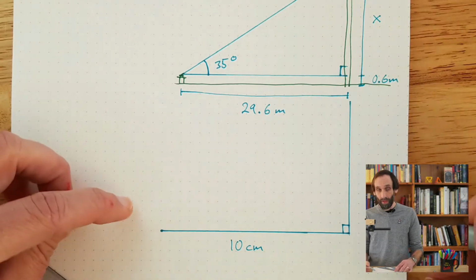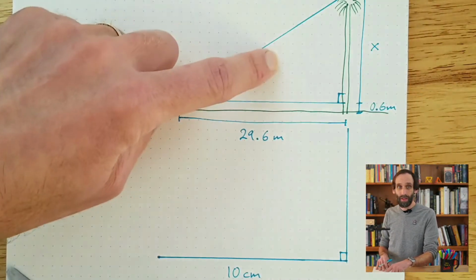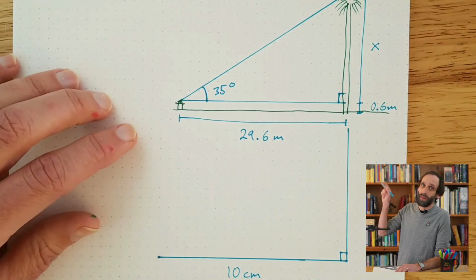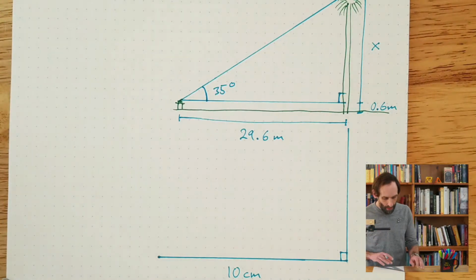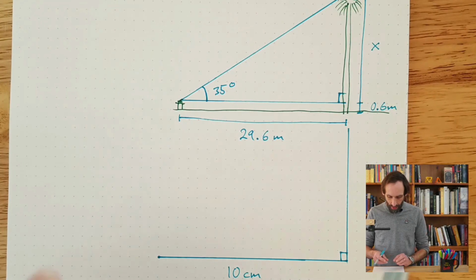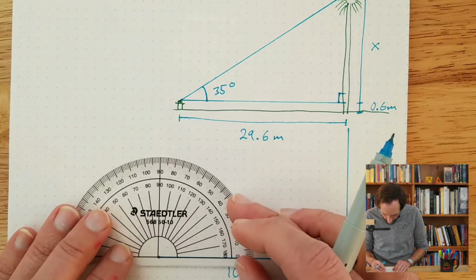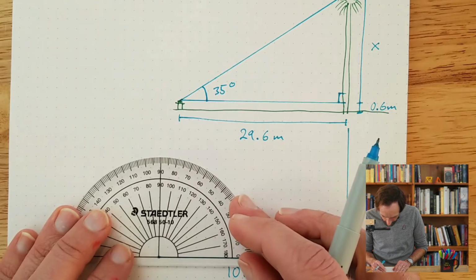So I'm getting close to having a triangle that's similar to, well, it's actually not necessarily similar to this triangle, but the triangle that existed outside when I took this measurement. But the next thing I need is this 35-degree angle. So in order to get that, I'm going to use my protractor. I'll line up my protractor right here on the line.